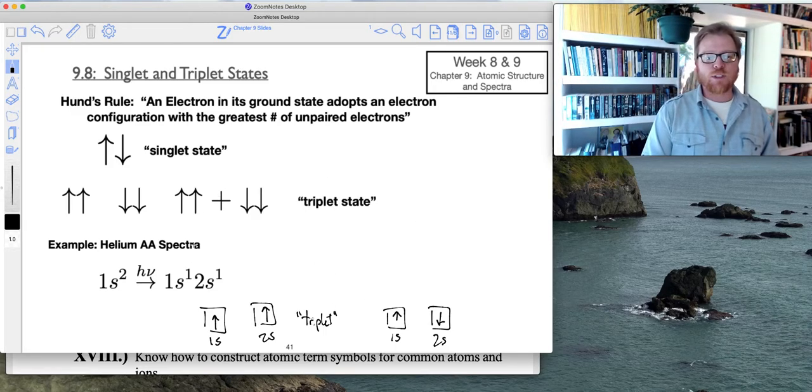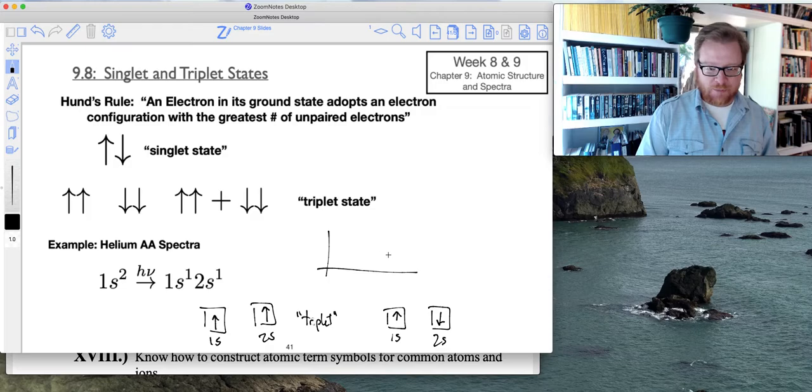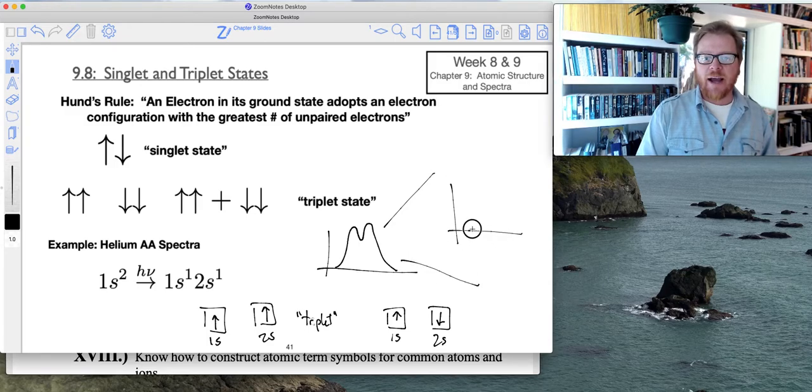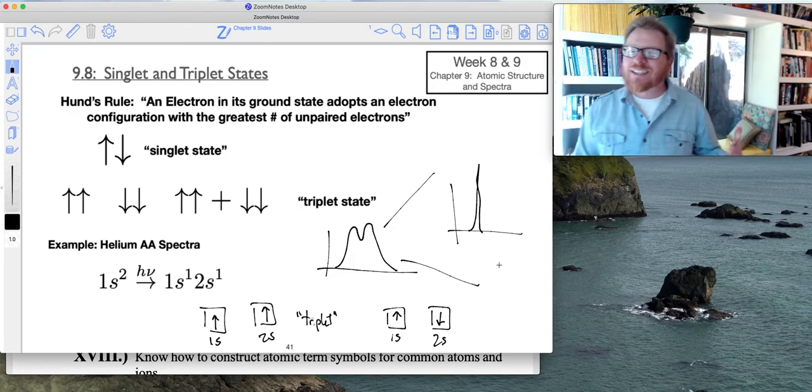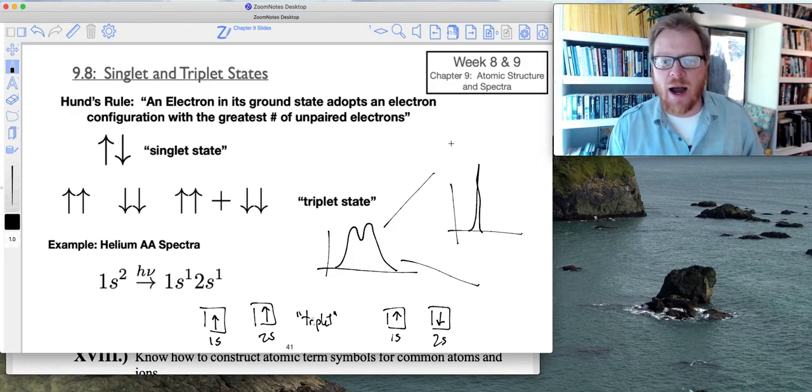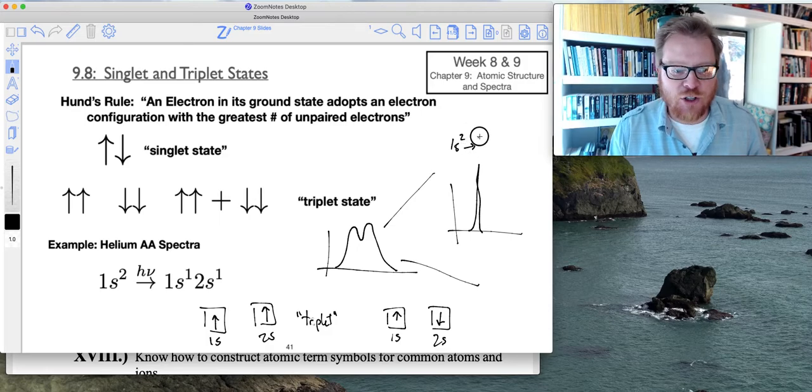And what's pretty cool, when we observe this helium AA spectra, you have to have really high resolution to do it, but you get a doublet. If I zoom way out on that peak, I might just have a really sharp looking peak, like one single transition corresponding to this 1s2 going to 1s1, 2s1.